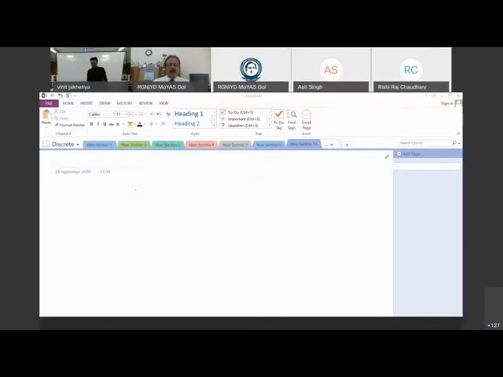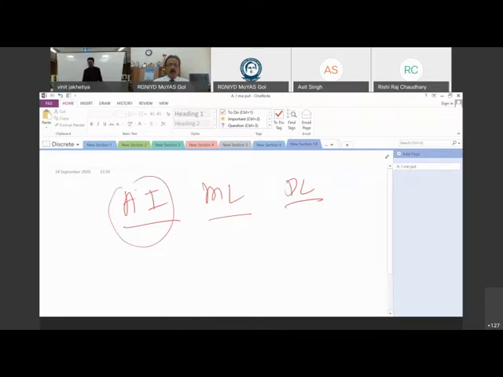So these days we are listening to these three words all the time, right? AI, machine learning, and deep learning. So first we need to understand what is the connection between these three things and what are the different aspects of these three terminologies, right? So let's say AI is artificial intelligence. It is a really bigger set. Machine learning is the subset of the AI.